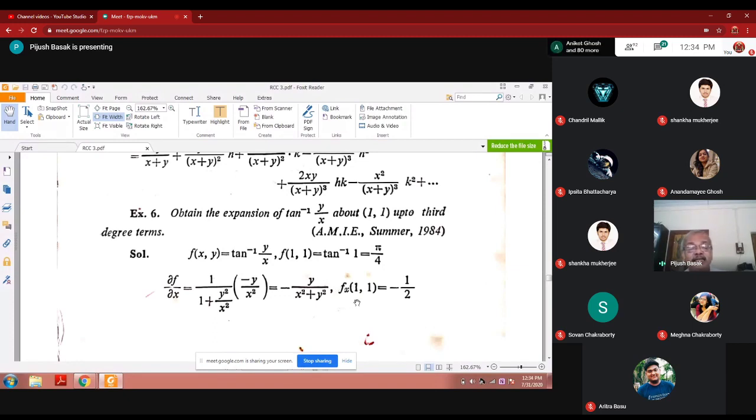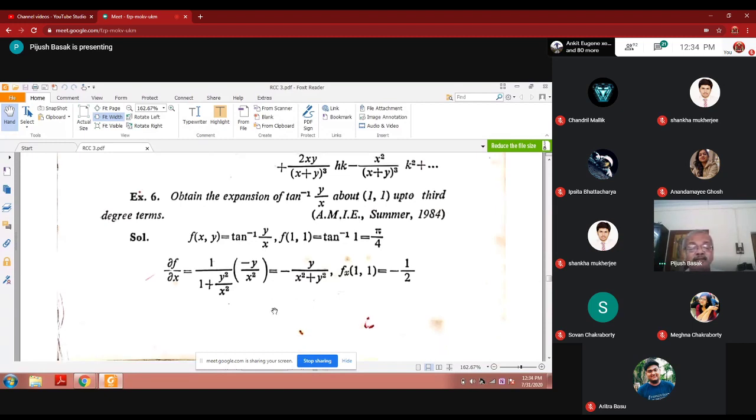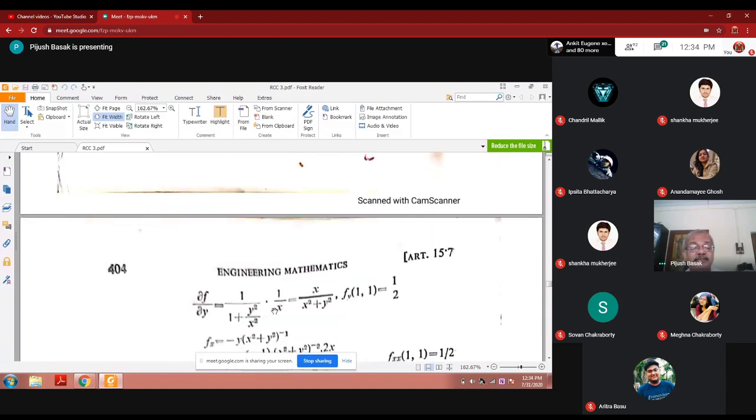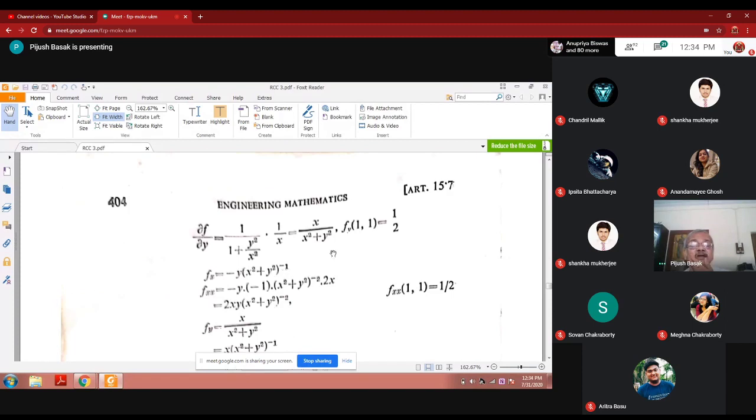del f del x at the point (1,1) is only minus half. We will substitute x equal to 1 and y equal to 1. This is half minus half. This much is clear. Very easy problem. Del f del y is x by (x square plus y square).